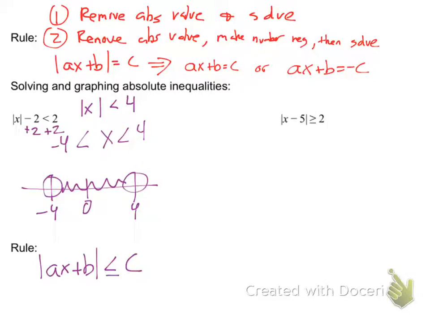I'm even going to go as far as less than or equal to. Whatever that sign is, it just follows along in the problem. But what do you think the rule is going to be on this one? What is it going to break down to? What did we do with the 4? Did we change the x inside? No. So it's still going to be ax plus b.